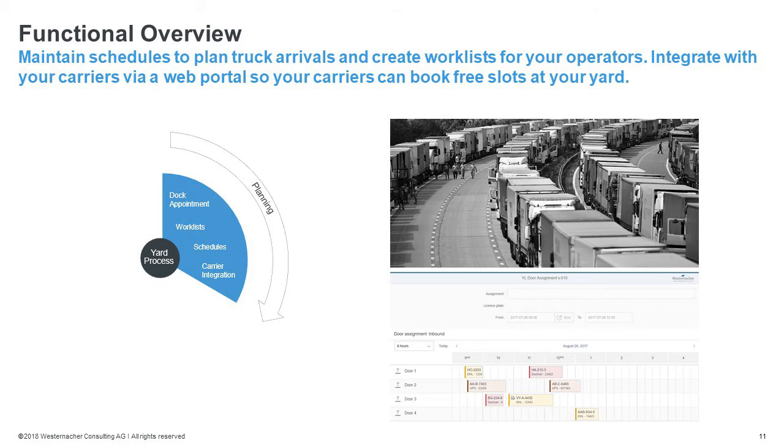So this is like a screenshot of the planning again. You see down there we have a Gantt chart where you see all this planning that is there upfront. This is an application that runs in the browser and is consuming the data from SAP Yard Logistics. And having such a good overview, I can really make sure that my planning is stable and that my planning is really very good upfront.